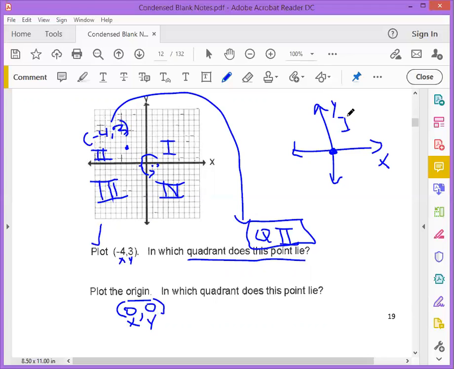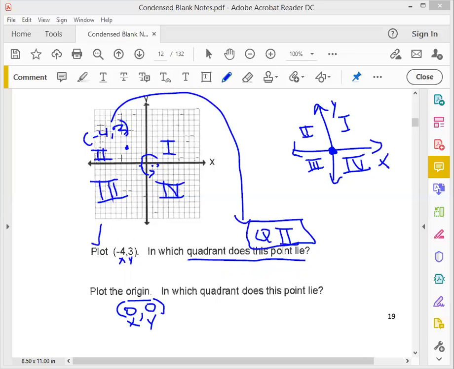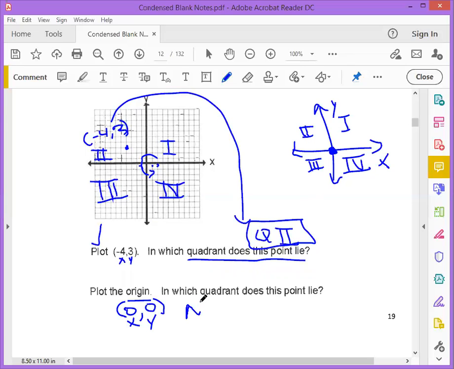Now here are our quadrants, 1, 2, 3, and 4. The origin isn't in any of those 4 quadrants. So to answer this question, in which quadrant does this point lie? None. It lies at the origin. It's not in a quadrant.